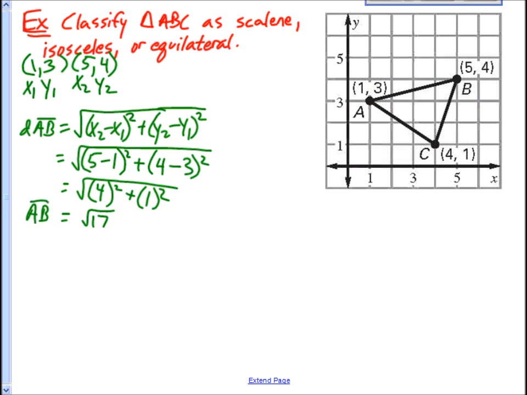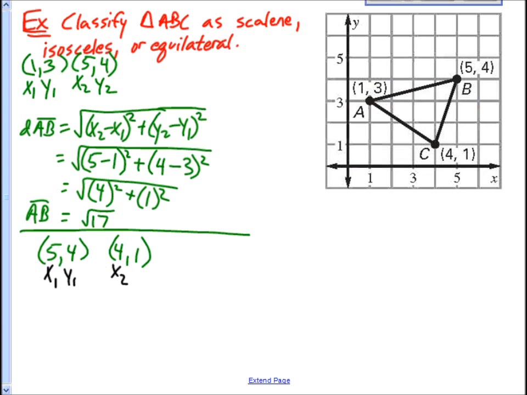Okay, let's do the next one. Let's go from B to C. So from B to C, our B is 5, 4. Our C is at 4, 1. Okay, let's go ahead and name that x1, y1, x2, y2. So from B to C, that distance from B to C, write your distance formula.